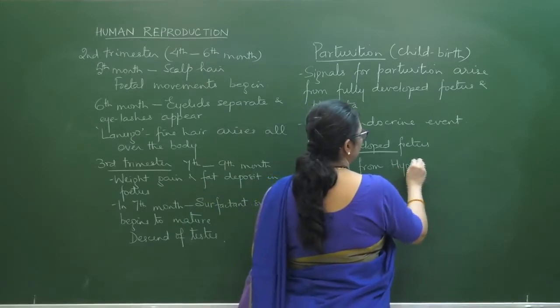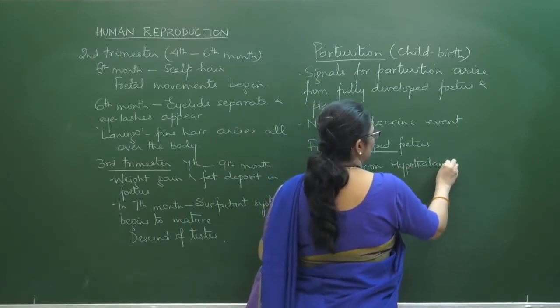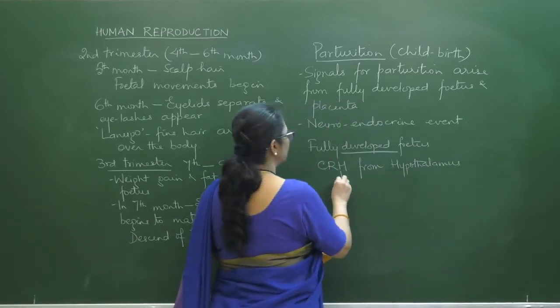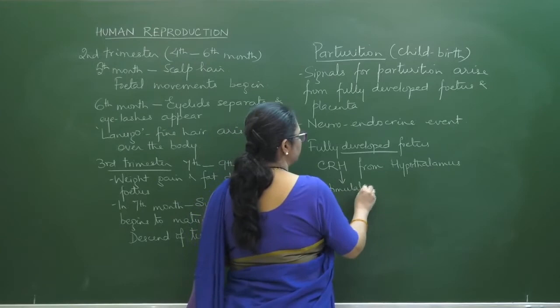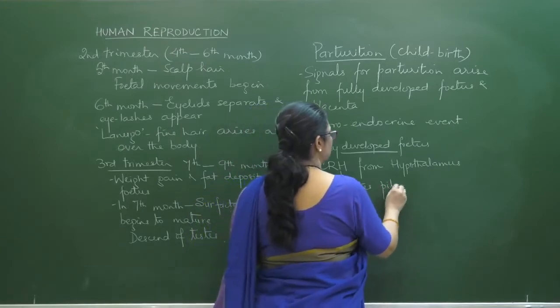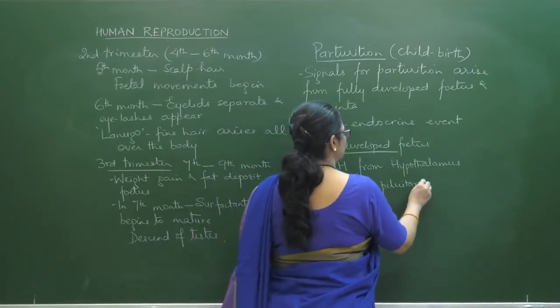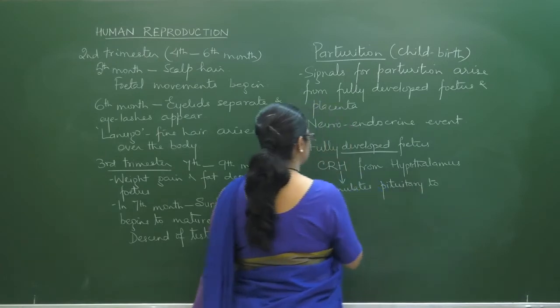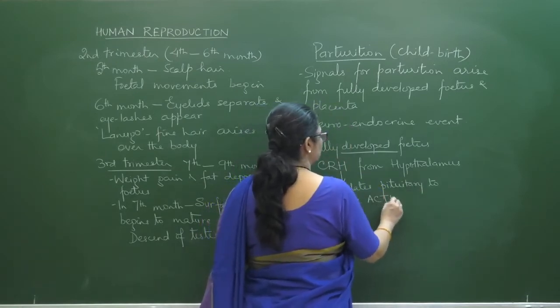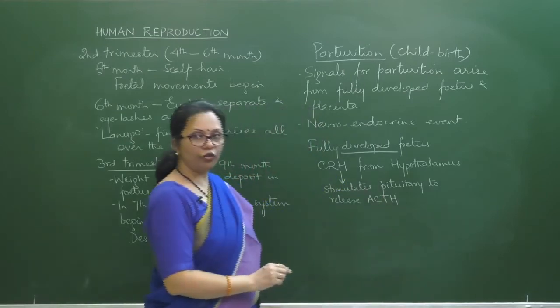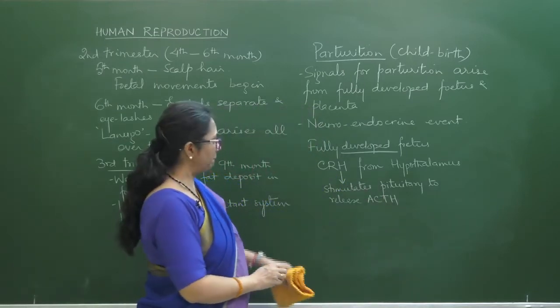CRH is from hypothalamus, and this in turn stimulates the pituitary to release ACTH, adrenocorticotropic hormone.